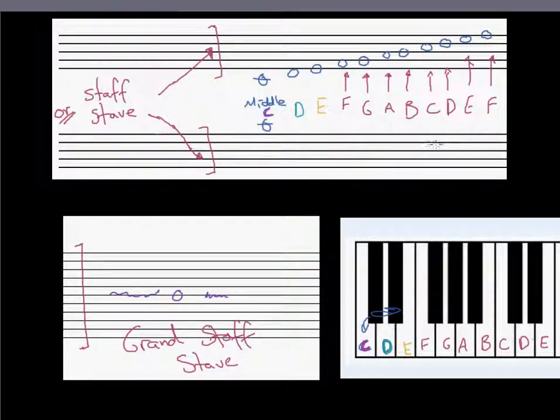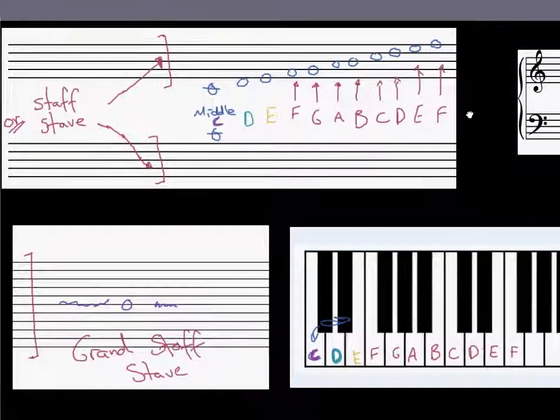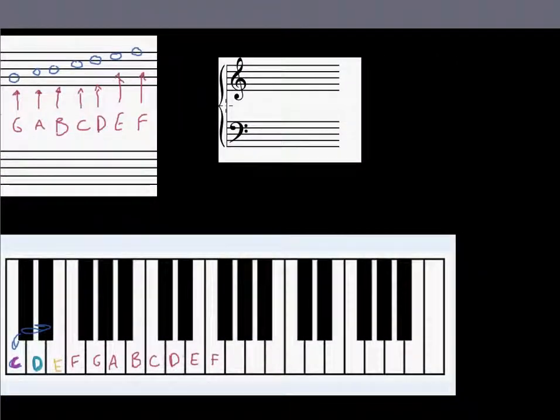In future videos, when we talk about what these things mean, this is also the grand staff, just with that middle line not there, because we know that it's just put there and there, stretched out, same note, middle C. That's the 11th line. So this is also called the grand staff or stave.